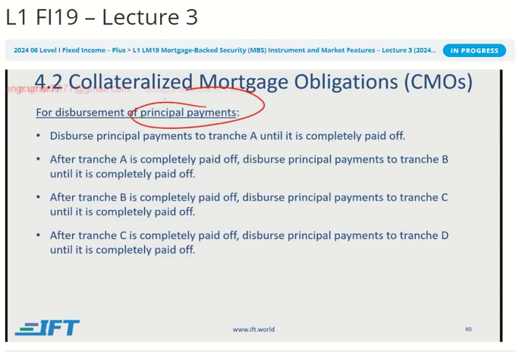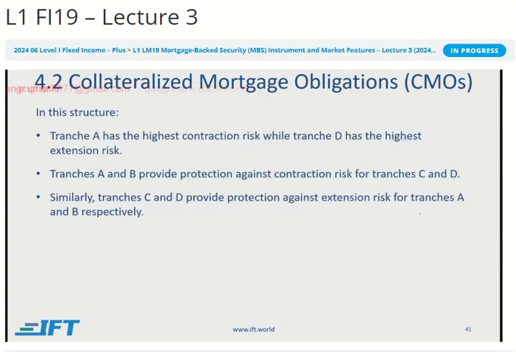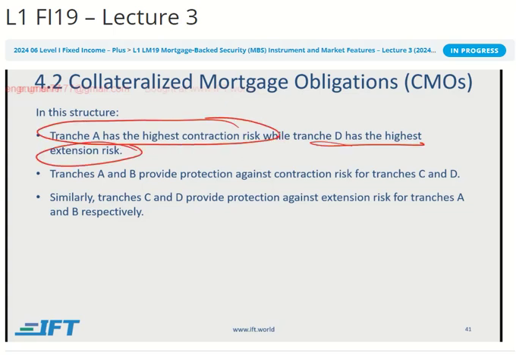But the principal payments will be given to A, then B, then C, and then finally to D. So what happens because of that? A has the highest contraction risk while D has the highest expansion or extension risk. And A and B protect C and D from contraction, and C and D protect A and B from extension.